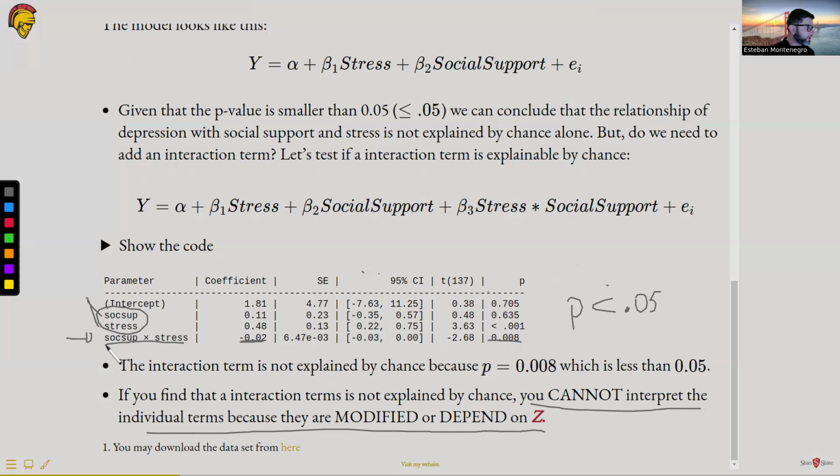This is something that we call a higher order term or higher level term. So when your higher level term is not explained by chance, these two terms, these two slopes are not meaningful anymore. You have to interpret this interaction right here. That's what I'm saying here. And that's something that we are going to do in the next slides.